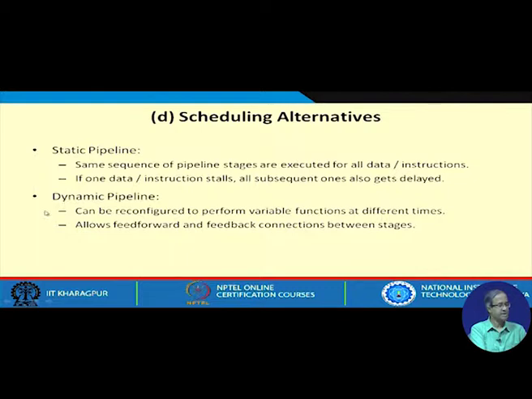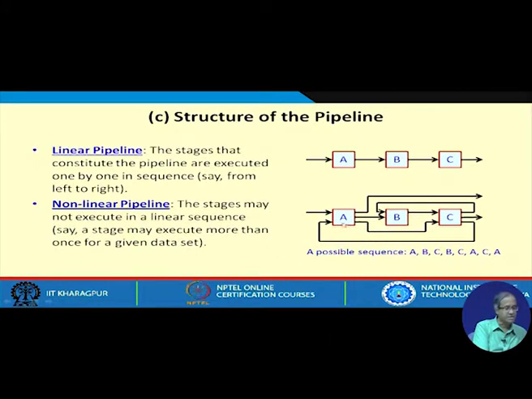But in contrast, we can have a dynamic pipeline where with time the pipeline can be reconfigured so that a different sequence of pipeline stages can get executed. So, this allows feed forward and feedback connection, as the previous example showed. This is a feed forward connection and this is a feedback connection.